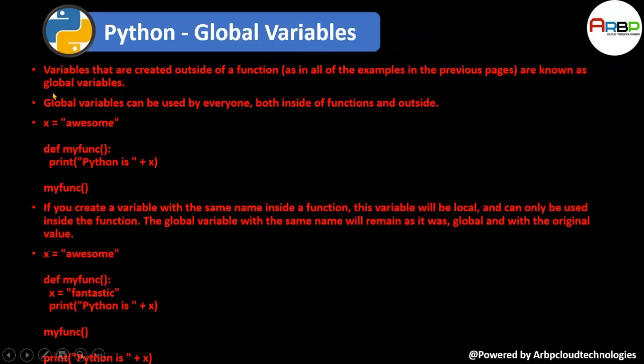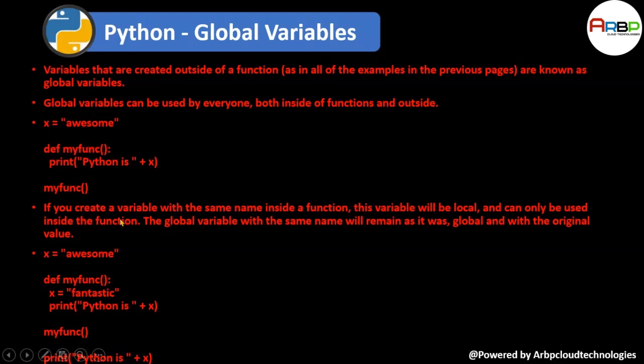Now, variables that are created outside of a function, as in all the examples in the previous pages, are known as global variables. Global variables can be used by everyone, both inside of the function and outside. Example is given here.